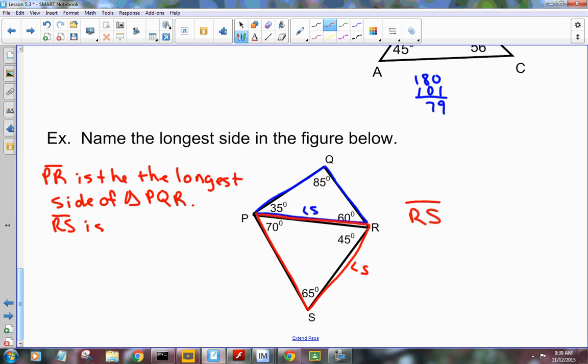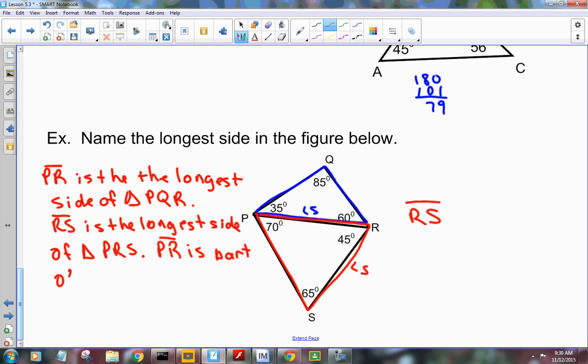RS is the longest side of triangle PRS. PR is part of triangle PRS. Therefore, RS is greater than PR.